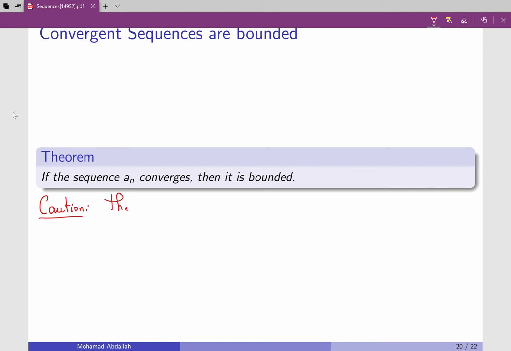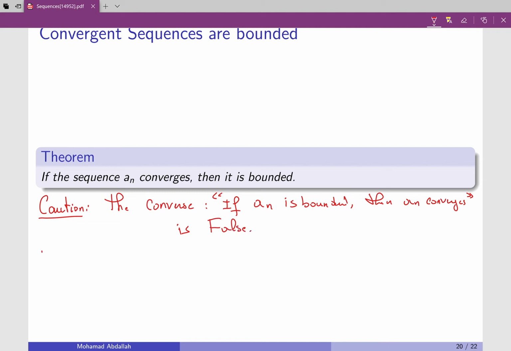The converse means the following: that if an is bounded, then an converges. The converse is false.